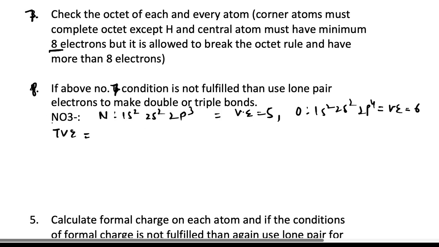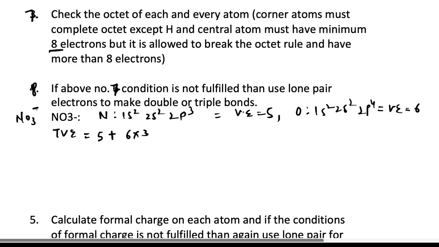So the total valence electrons in this case would be 5 plus 6 into 3, because we have 3 oxygen atoms. The nitrate ion is represented like this. It's not 3 negative, it is NO3 with a single negative charge.